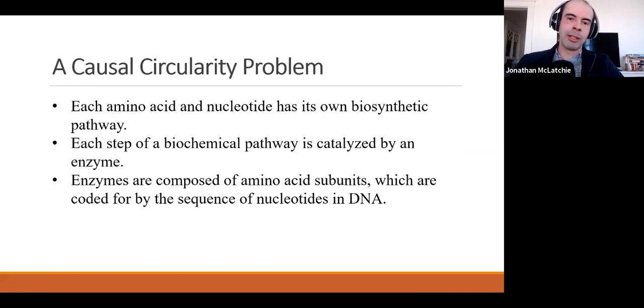And likewise, the sequence of amino acids in those enzymes is specified by the sequential arrangement of the nucleotides in the DNA, but each of the nucleotides that is found in the DNA has its own biosynthetic pathway which is catalyzed by those enzymes. So that's a causal circularity problem, or a chicken and egg problem.